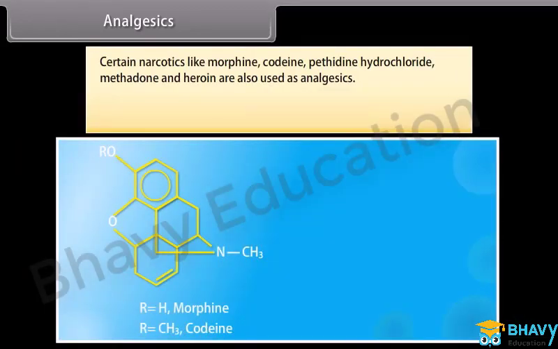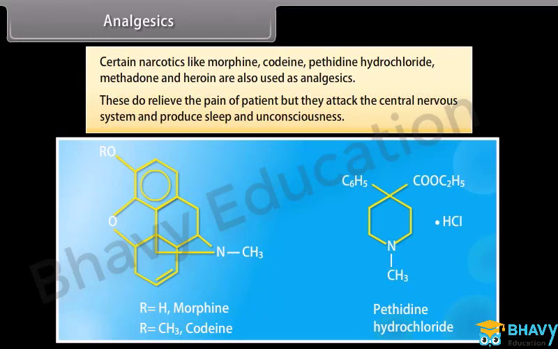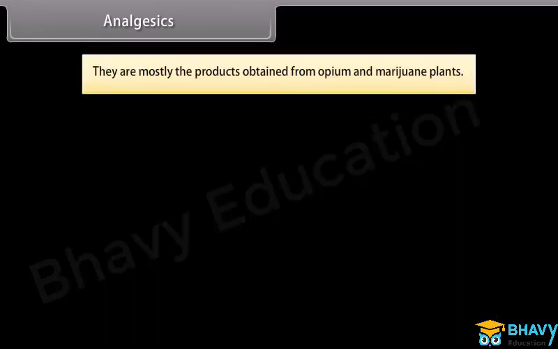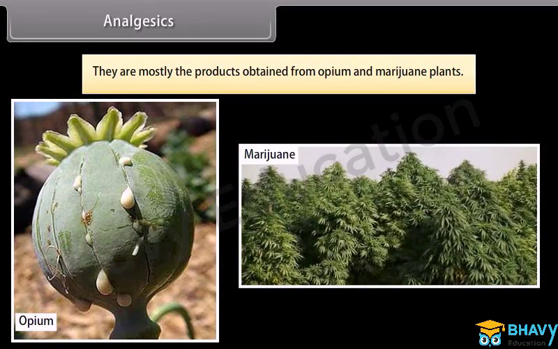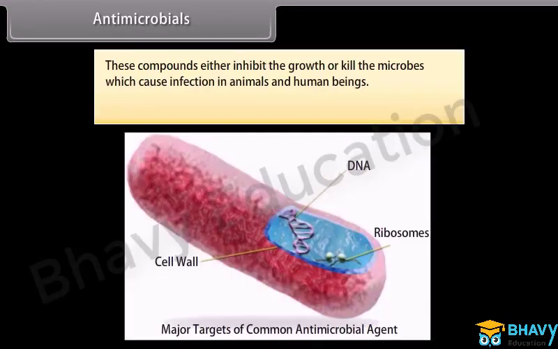Certain narcotics like morphine, codeine, pethidine hydrochloride, methadone, and heroin are also used as analgesics. These do relieve the pain of the patient, but they attack the central nervous system and produce sleep and unconsciousness. They are mostly the products obtained from opium and marijuana plants. Antimicrobials. These compounds either inhibit the growth of or kill the microbes which cause infection in animals and human beings.